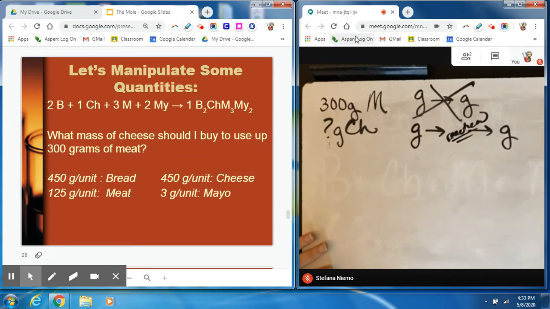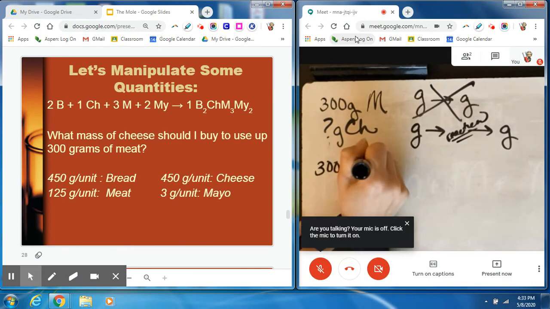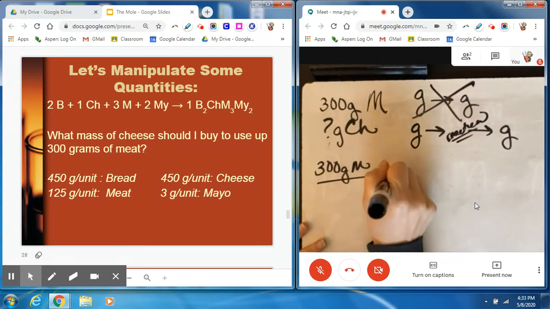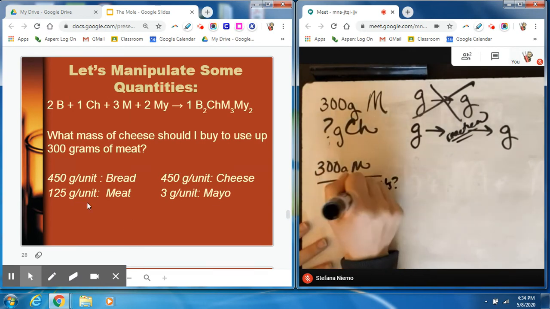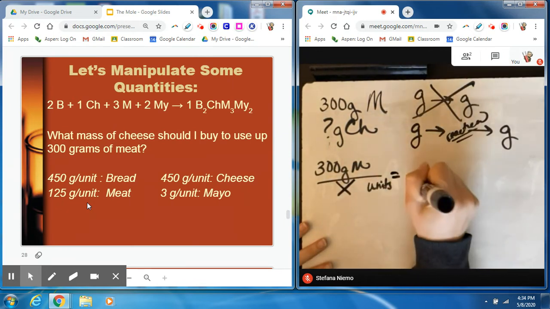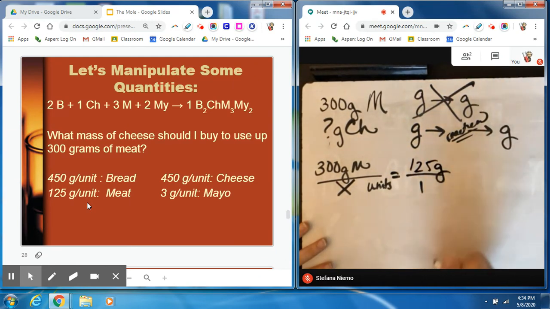So we're going to start with the grams of meat that we have. If I have 300 grams of meat, and I want to know how many units of that is there, I look at my chemical equation and these relationships down here. I don't know the units, but what I do know is that for every 1 unit of meat, it weighs 125 grams.